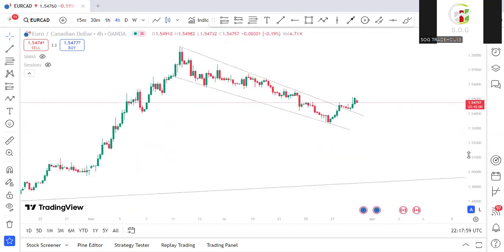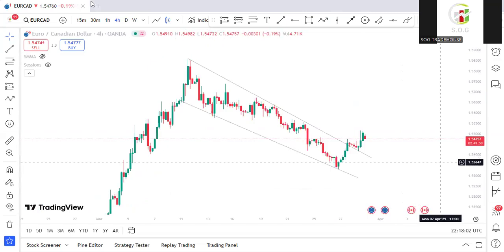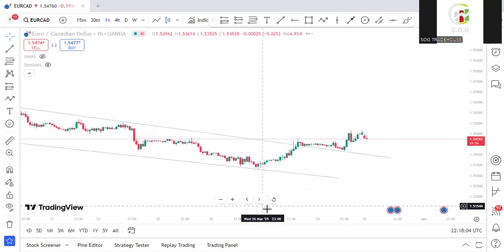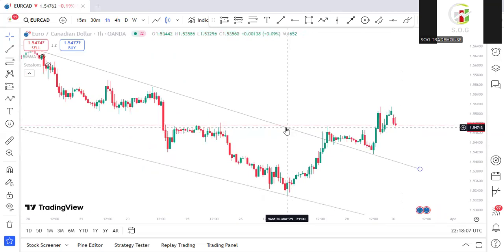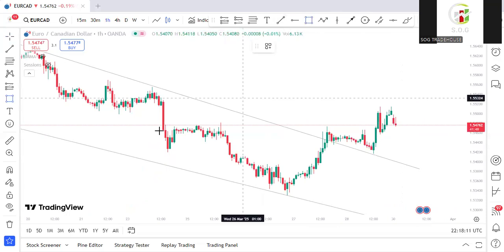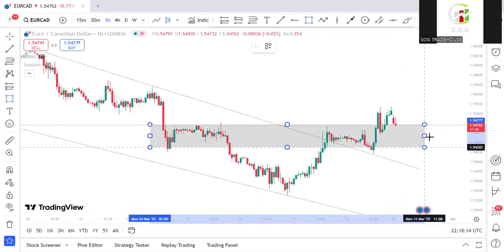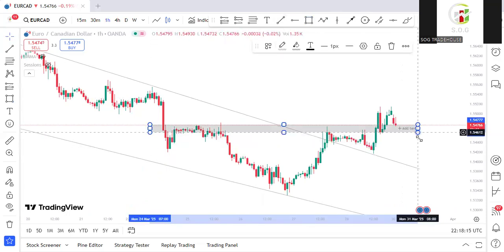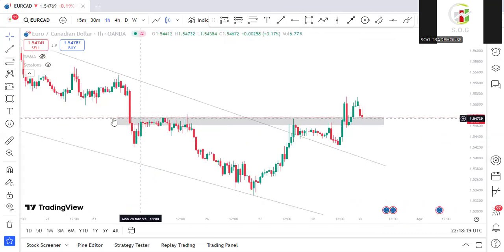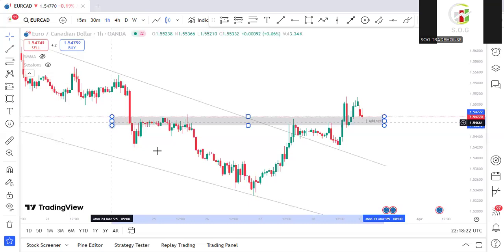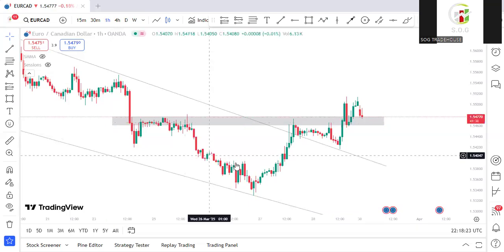How can we join this move to the upside? So let's go down to the 1-hour time frame to see how we can join the move to the upside. So on the 1-hour time frame, we can draw out this level over here. So looking at this chart, you can see this is an inverse head and shoulder pattern.